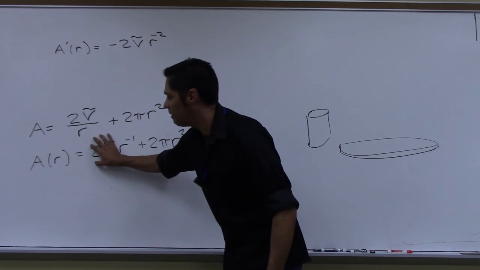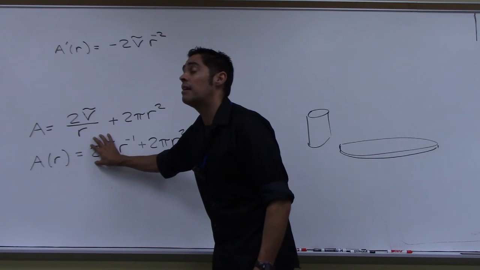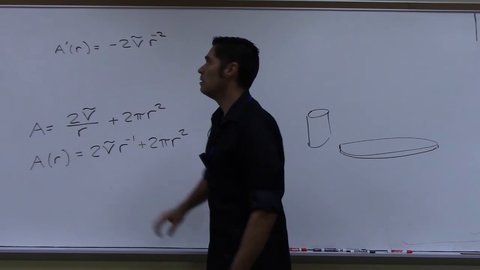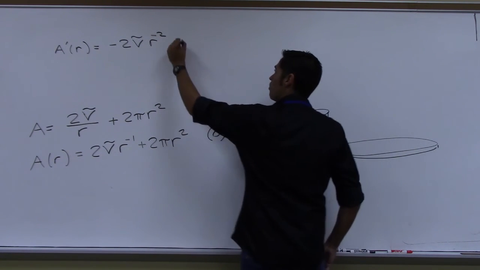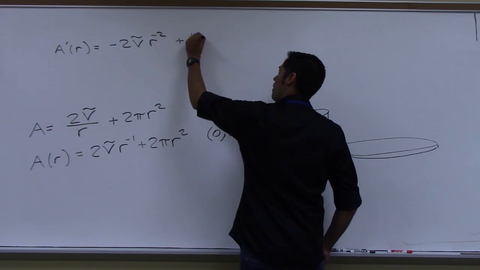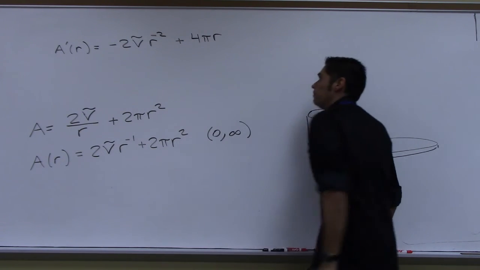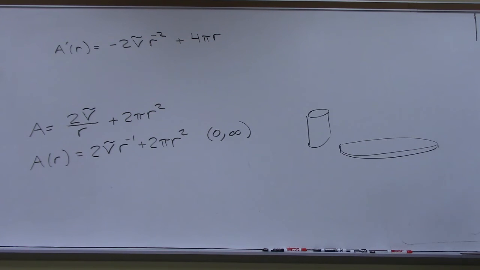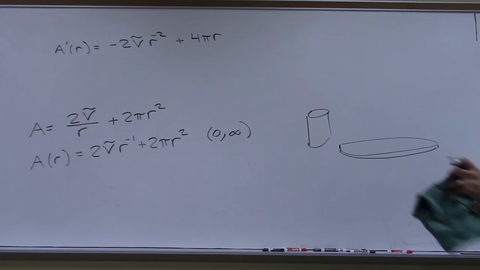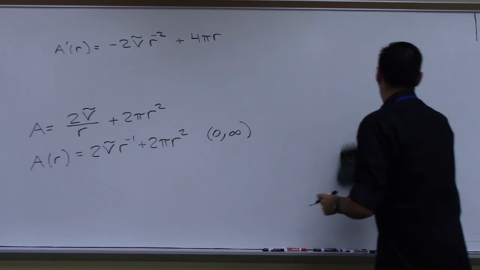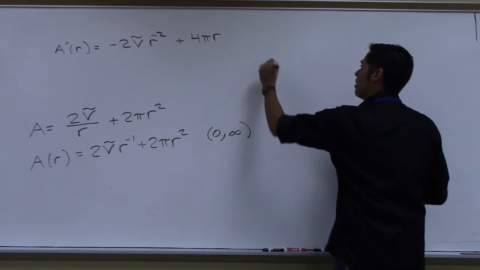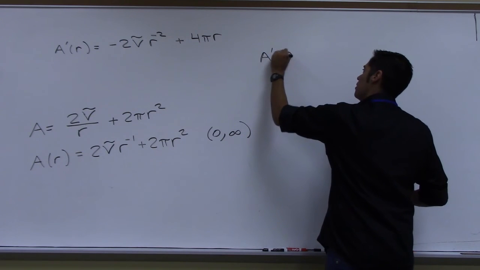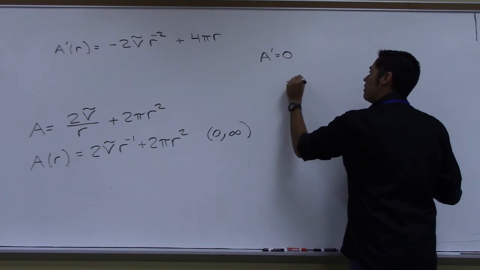The derivative of that is negative 1 r to the negative 2 times that. And then plus what? 4 pi r. And what do I need to do with this? Set it to 0, right? All that fun stuff. So where is this derivative 0? Well, I'm going to rewrite the derivative for us.